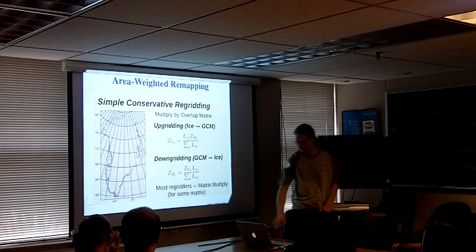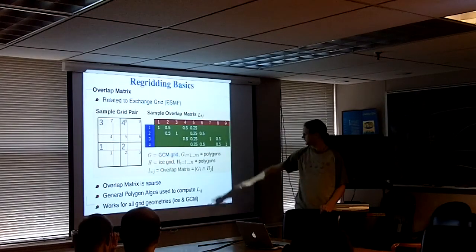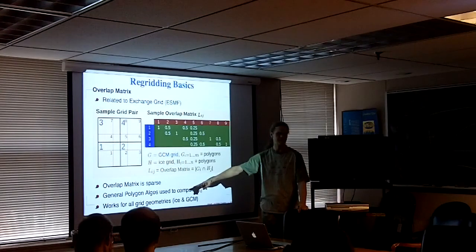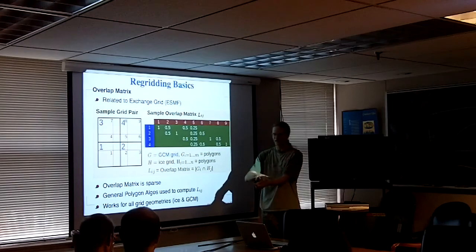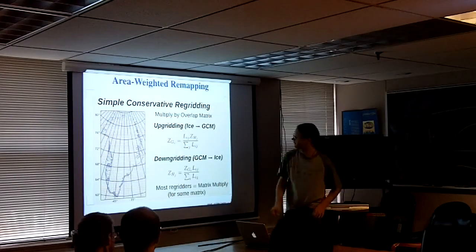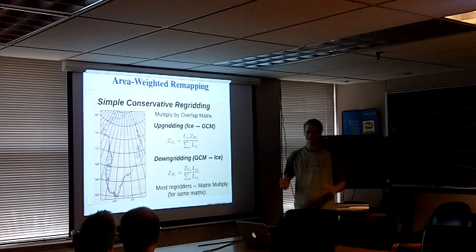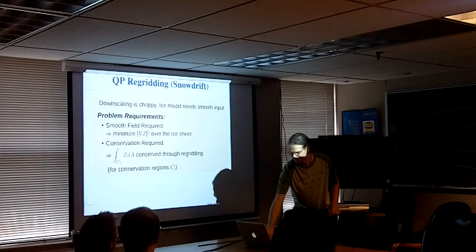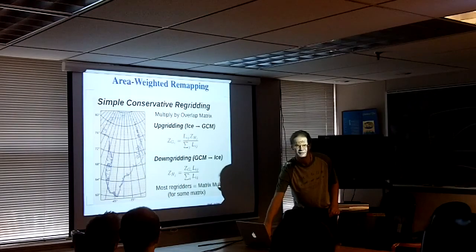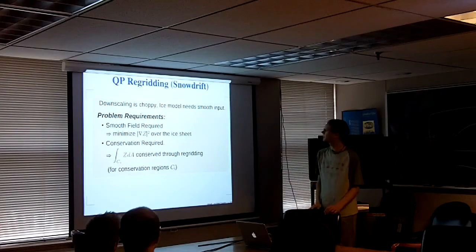So if I can compute this overlap matrix for any kind of grid on a sphere and any kind of grid or irregular mesh on the plane, now I can do simple area weighted regridding trivially. So that's pretty cool. But none of that's really new, right? People have known how to regrid for a long time.